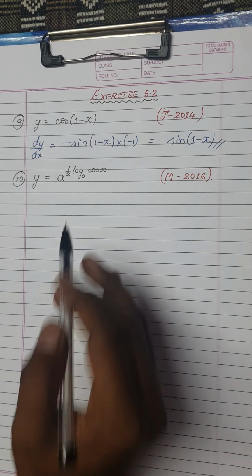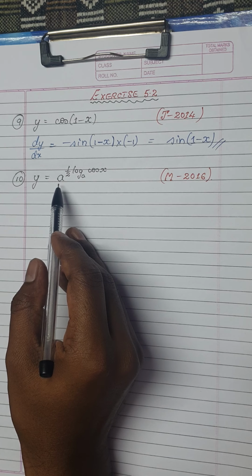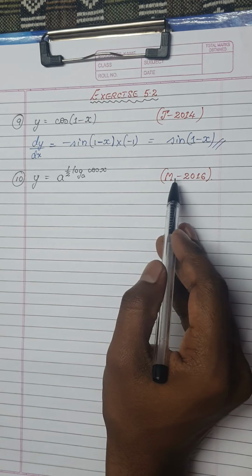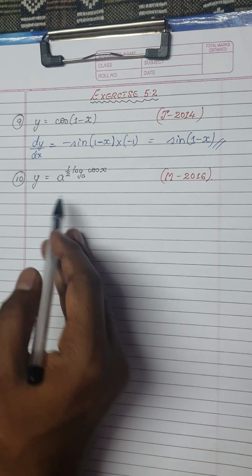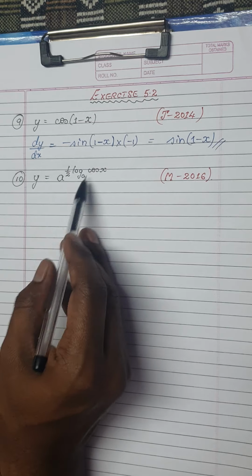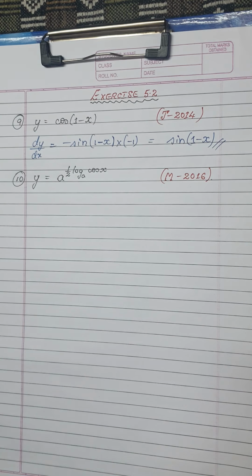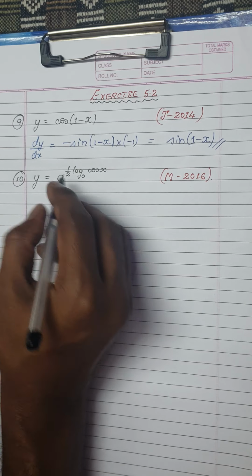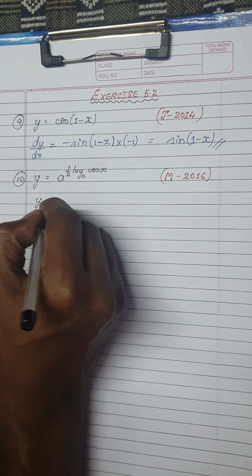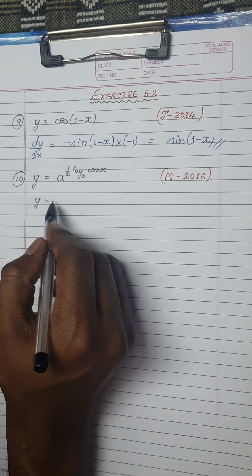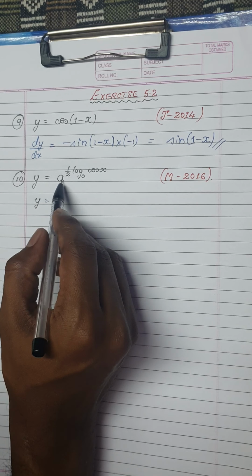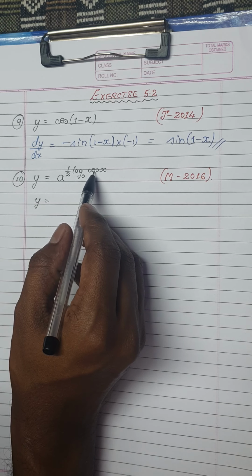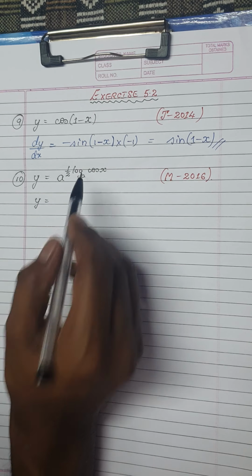Class, this is the most challenging 1 marker question which has been asked on the concept of differentiation, which was asked in March 2016. There are so many concepts which you have to remember to differentiate this. I cannot directly differentiate this, I will simplify and further differentiate this. Now y is equal to, the function is a power half into log of cos x to the base a.